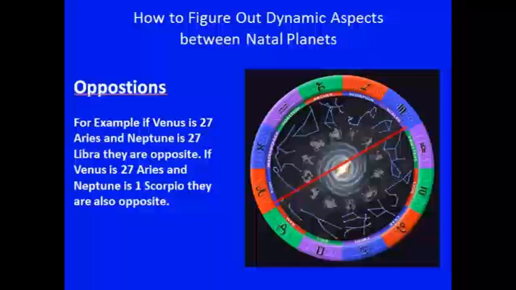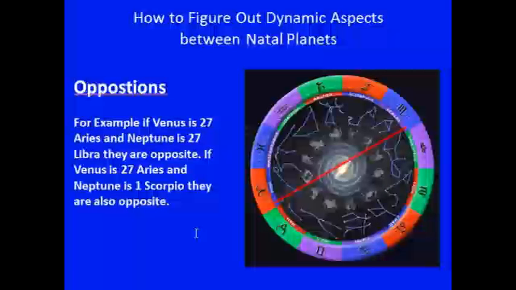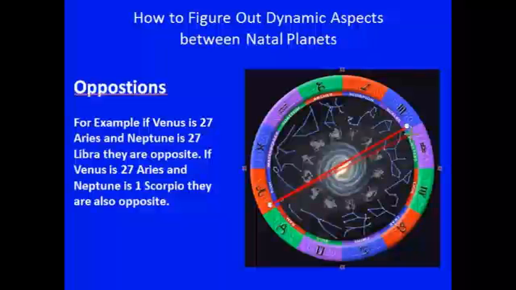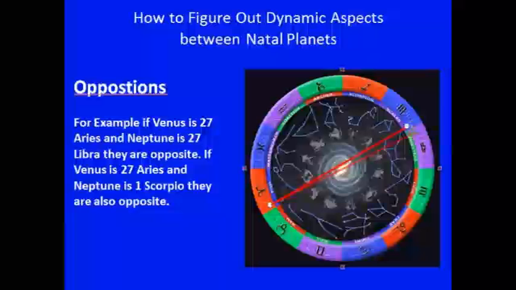All right, so we're going to look at this with oppositions, the same thing. So, for example, if Venus is at 27 Aries, so right here at the very tail end of Aries, and Neptune is at 27 degrees Libra, and this actually should be over just a little bit to be in an exact opposition.